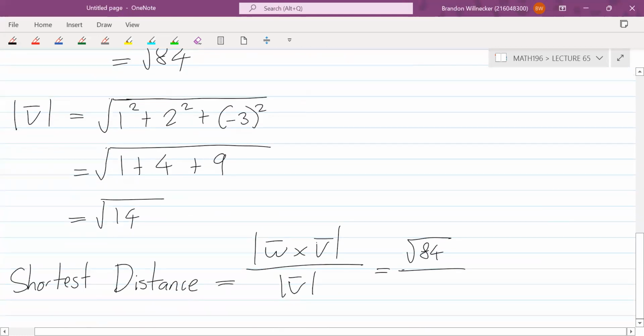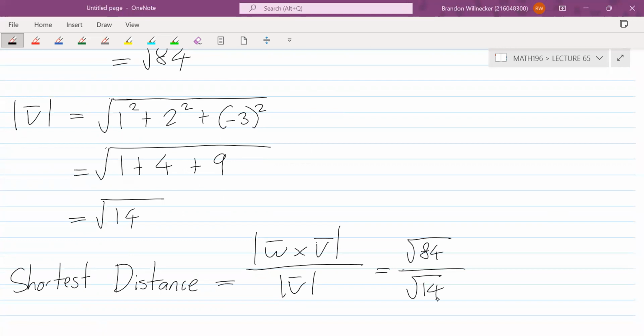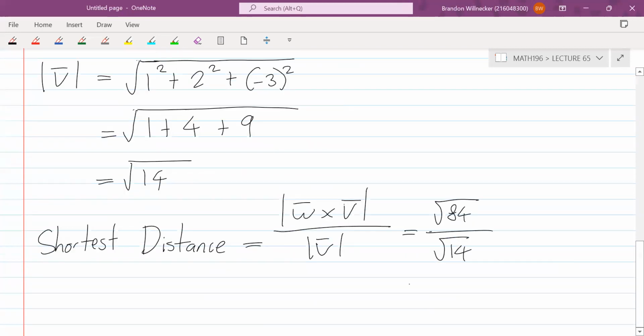And the length of V, that was root 14. Okay, I'm sure you can simplify that down some more, but you can just leave it like that. That's fine. Okay, so that's going to be our shortest distance from the point to the line.